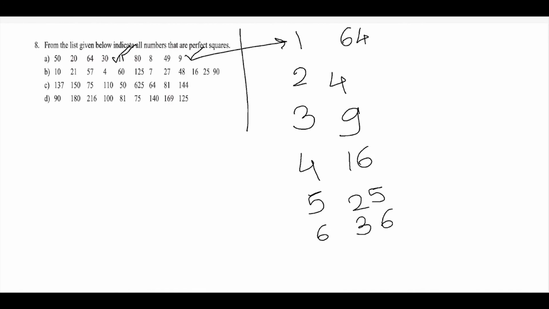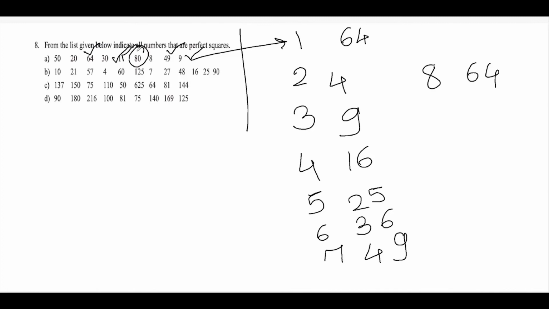Next is 36, which is also not there. 7 square is 49 and we have it in the list. 8 square is 64, so we have 64 in the list.